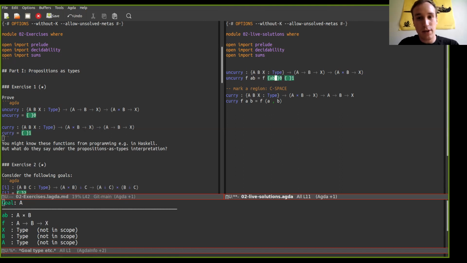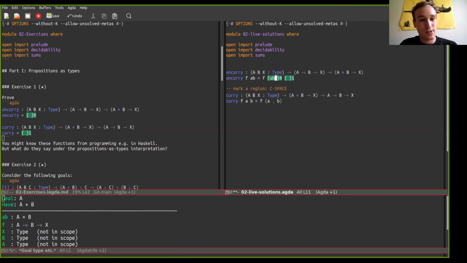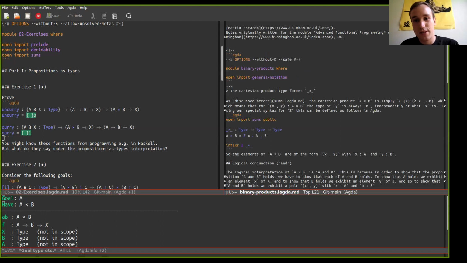So here we have AB, which is, as you can see down here, of A times B. And if we look at how times was defined, it was a record type with two fields. Maybe we can jump to that. Again, I move the cursor on the times symbol, and then I press meta or alt and dot, and we jump to the definition.